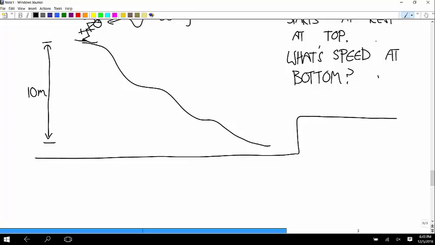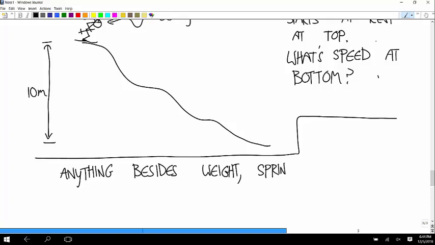So anything besides weight, or a spring force, or a normal force in sliding or rolling, or centripetal. That's the question you have to ask yourself on these problems.